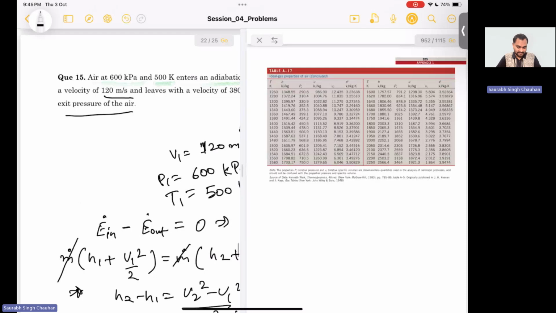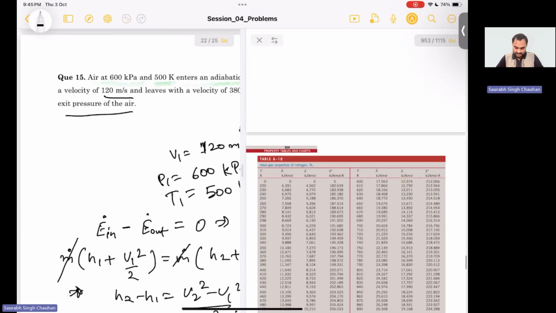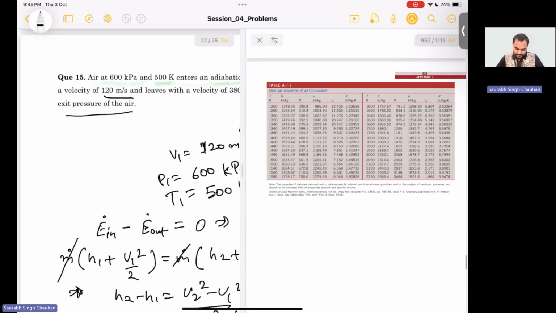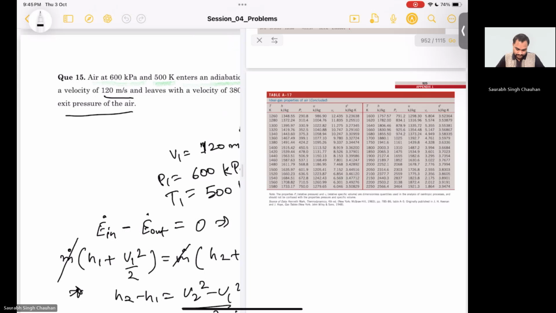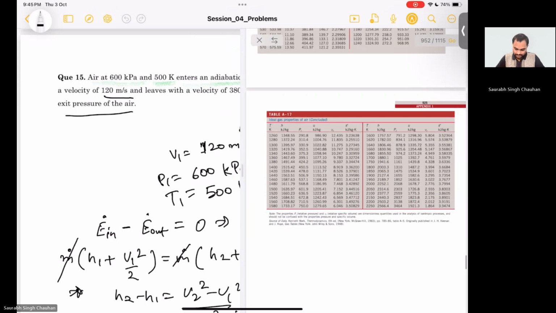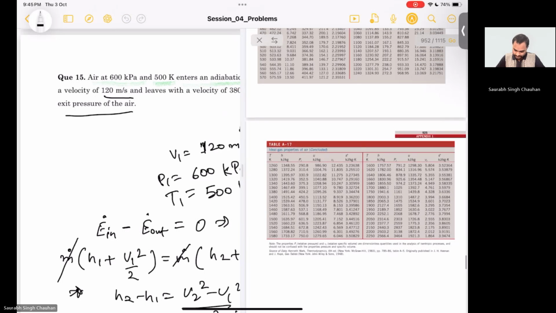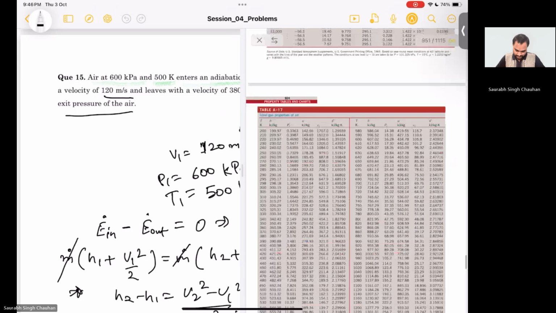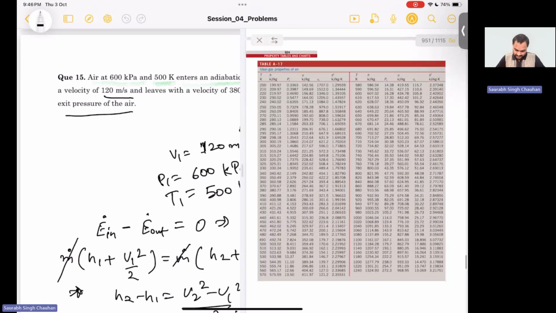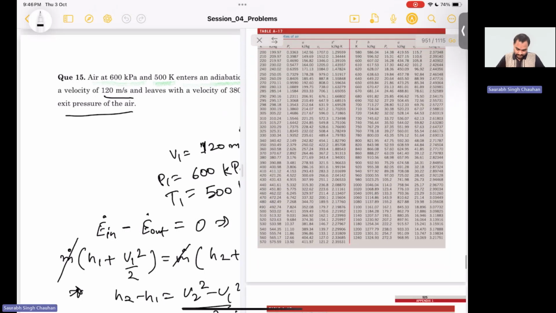Not the steam table, sorry, this is air. So we'll have to check the table for properties of air. Okay, 500 Kelvin. Here is the 500 Kelvin.